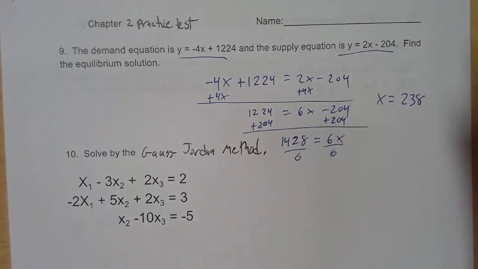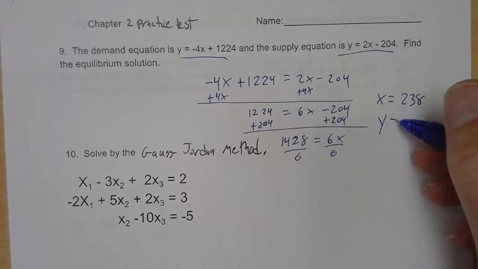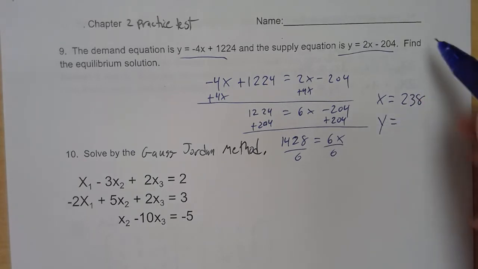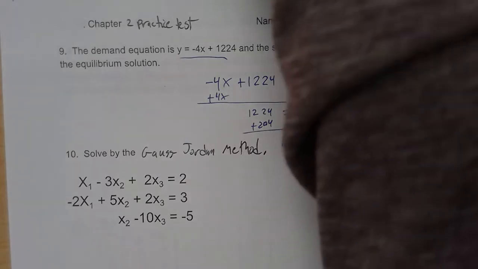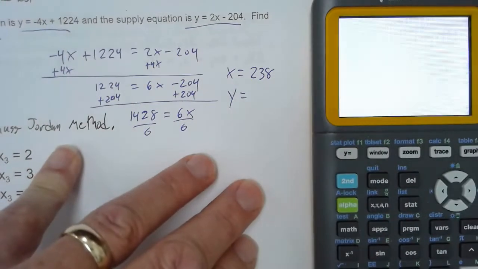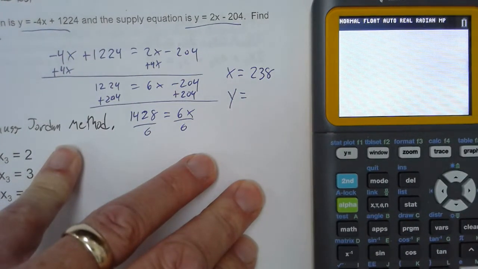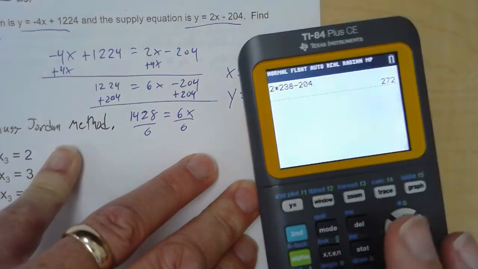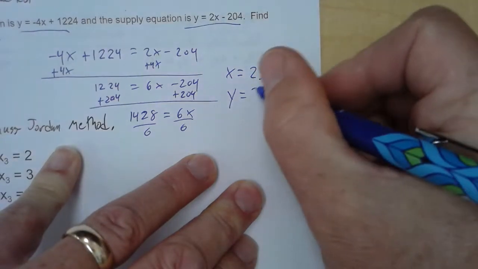And the point would be for y, the output of the function, would be putting 238 back in. So it's 2 times 238 minus 204. 272, my bad.